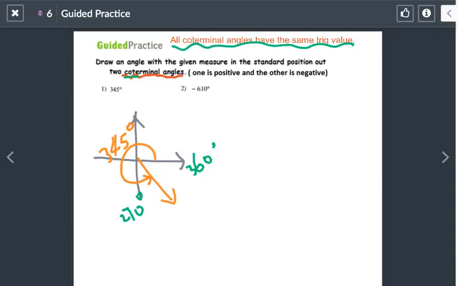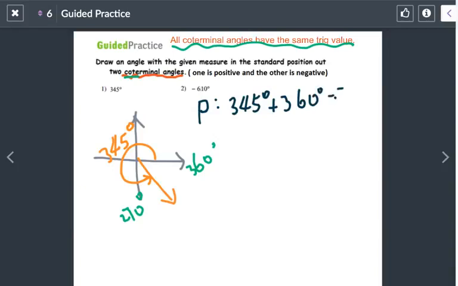Now we need to figure out the coterminal angles. We know that one rotation is 360. That's why for the positive coterminal angle, we use 345 plus 360 degree.